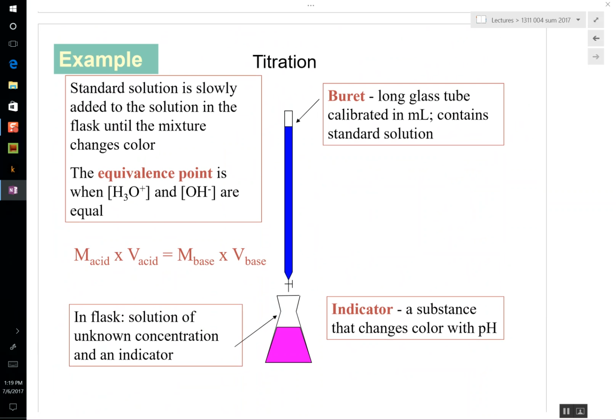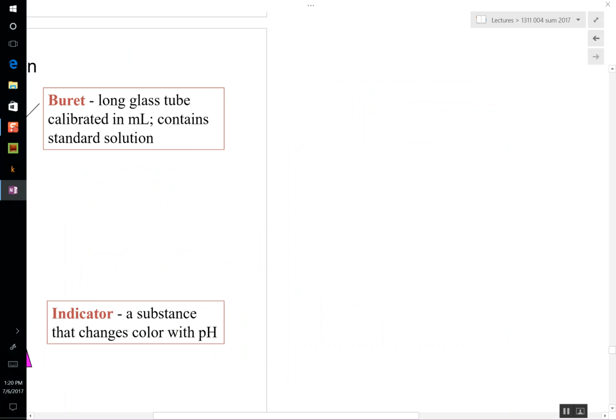Okay, let's talk about titration. We introduced acids and bases. We talked about how an acid will neutralize a base.